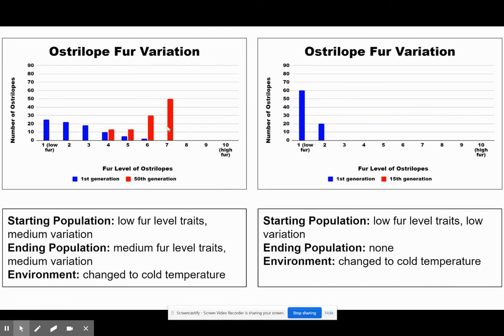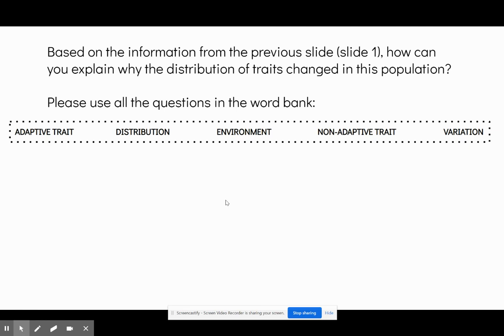The red is our 50th generation, and there has definitely been a shift, because over here in the first generation, we can see most of the australopes had some low fur. And then on the right-hand side, on the 50th generation, it moves up to higher fur levels. Well, why is that? Look at the environment change. And so you're answering the exact same question for these two graphs.